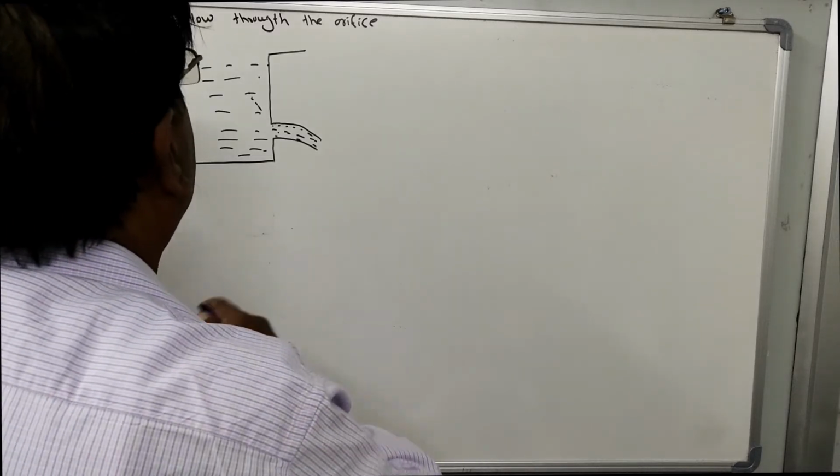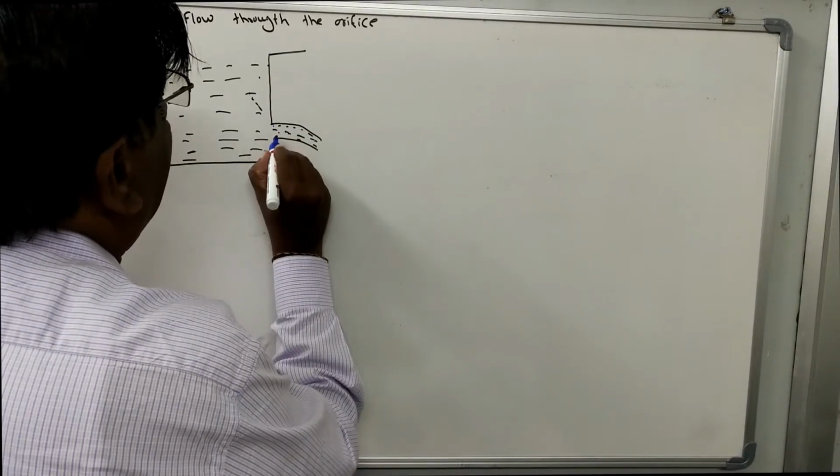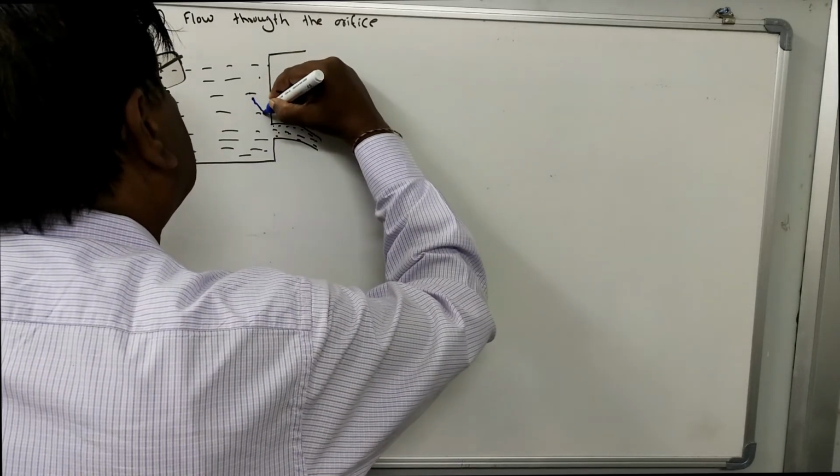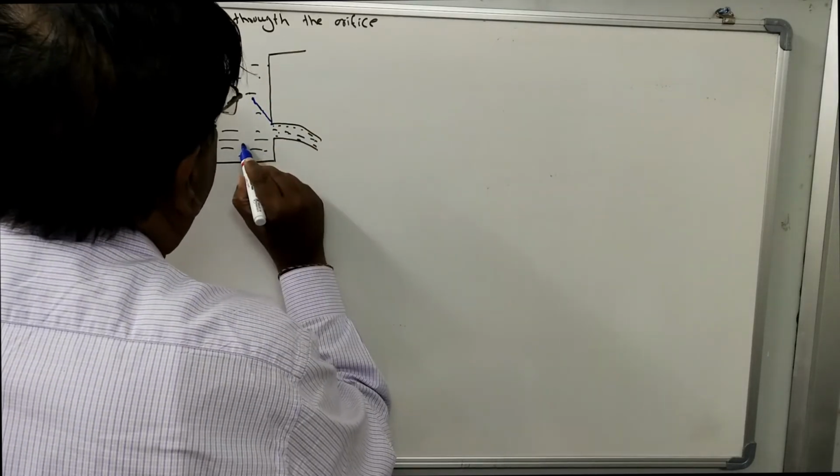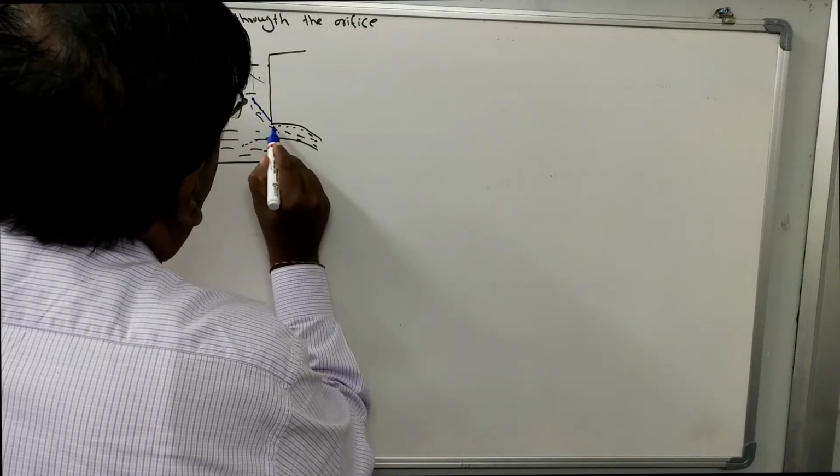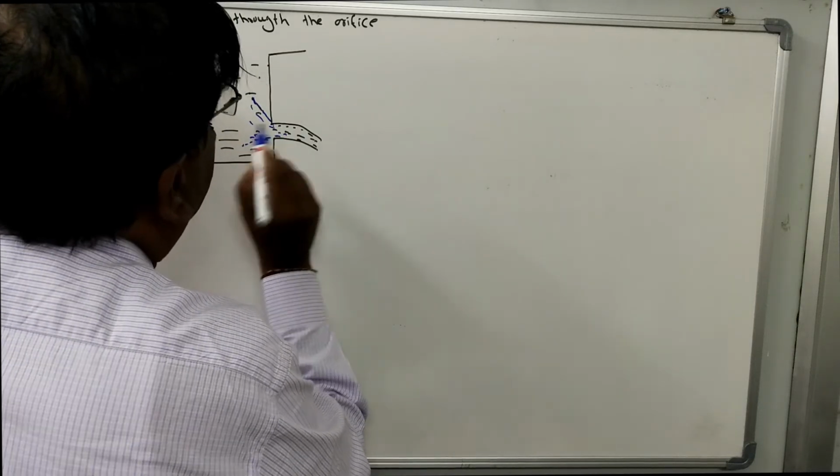If a small orifice is fitted at the side, this orifice is nothing but an opening, so the fluid will enter and start flowing through it.